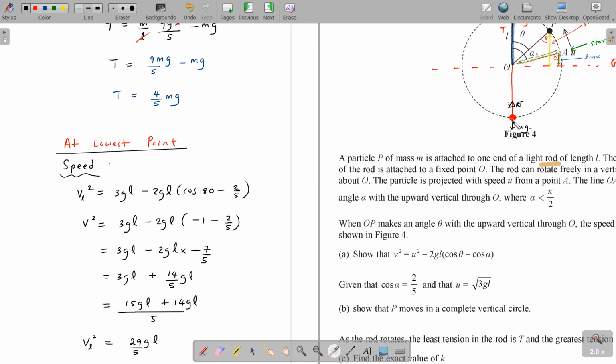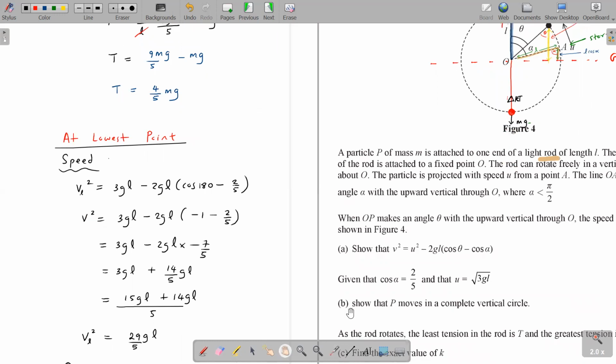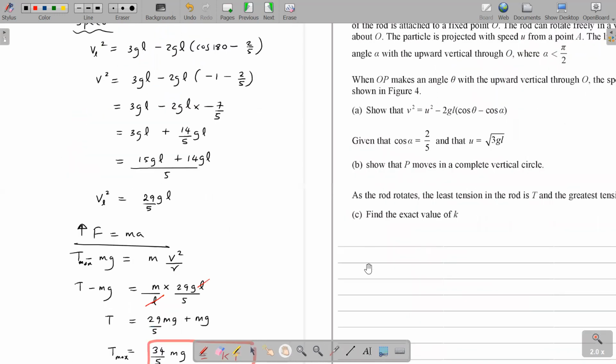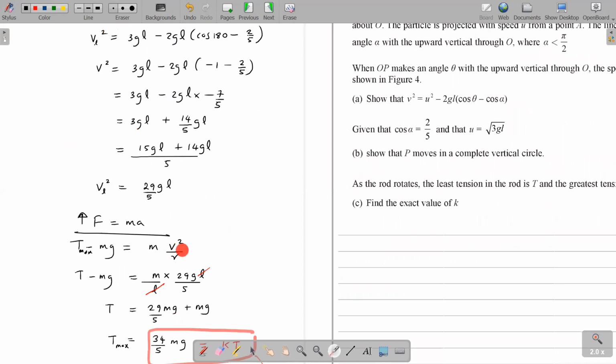Tension is acting upwards, weight is acting vertically downwards. Nothing to resolve here because everything is acting directly along the line towards the center. So T max minus mg equals ma, with acceleration v squared over r, and for v squared you substitute the lowest point speed.